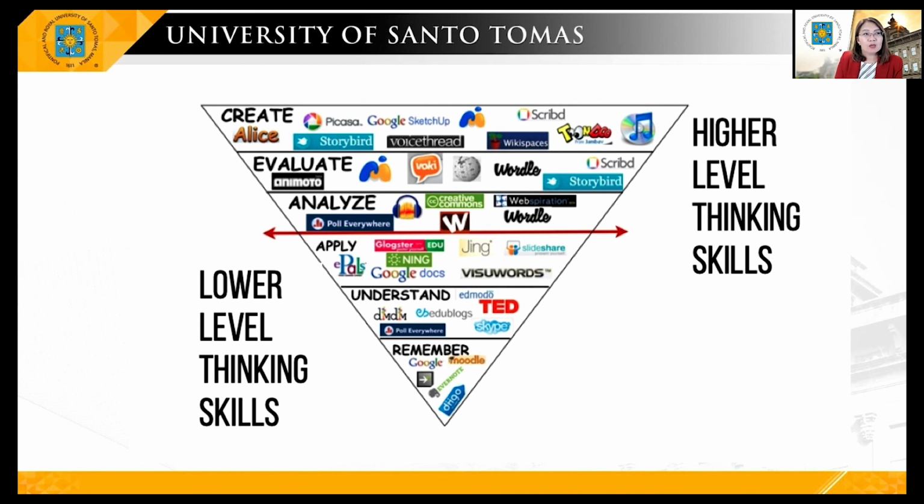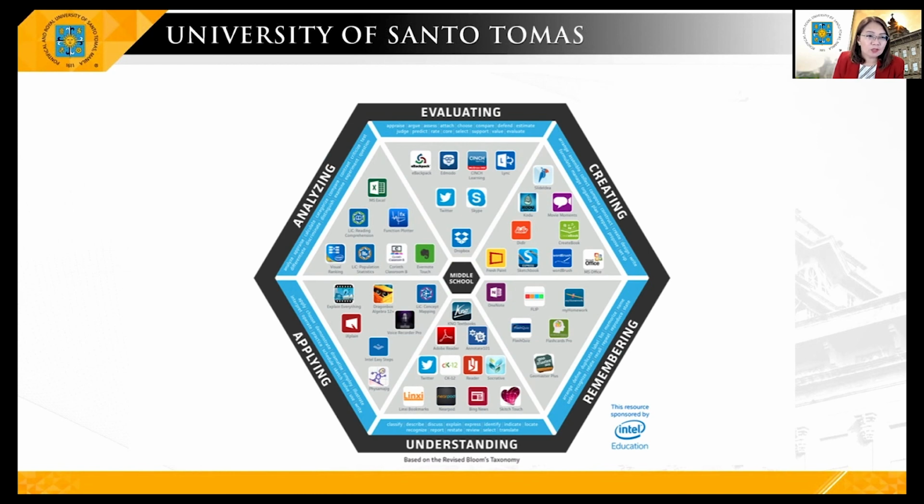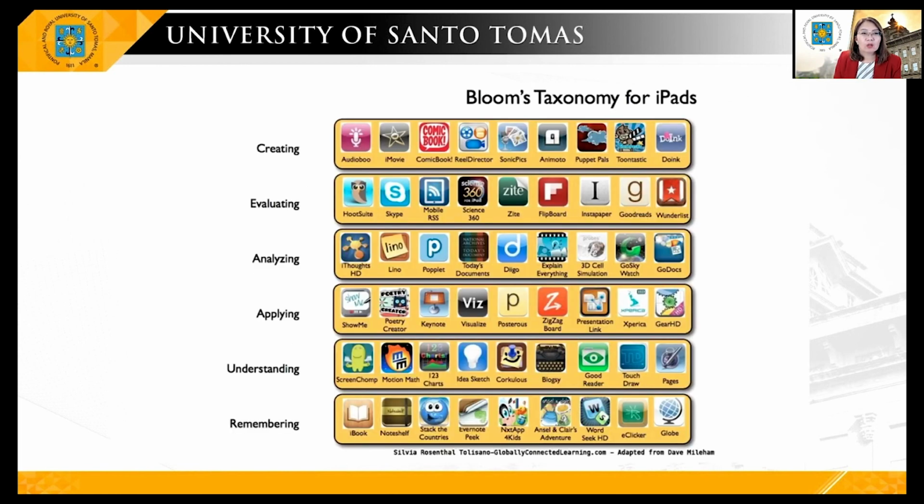There are many ways by which we can show this. As you can see, this is a hexagon showing how different tools are suggested, released by Intel Education. Another way of looking at Bloom's taxonomy is simply using iPads, the alignment of applications in iPads with the different levels of cognition.